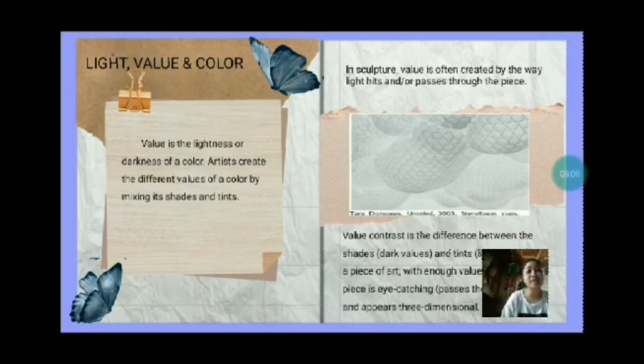Artists create different values of color by mixing each shade and tint. When we draw, we need value so that our drawing looks good. If the color of what we draw is not even, it looks ugly, it has no value. So we need to balance the light and color so that it looks good. That's all for my presentation about balance and orientation. Thank you.